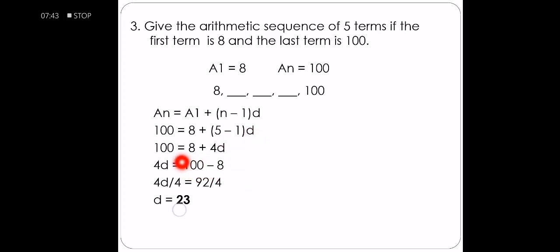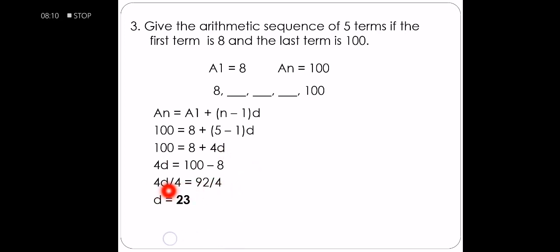Then we will move 8 to the other side. So we have 4d equals 100 minus 8. It became minus 8 because it was positive on this side. 4d equals 100 minus 8, and 100 minus 8 is 92. To cancel 4, we divide both sides by 4.